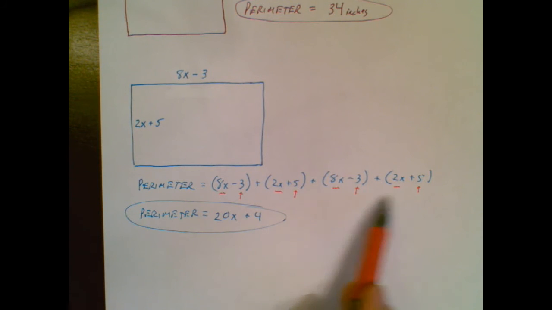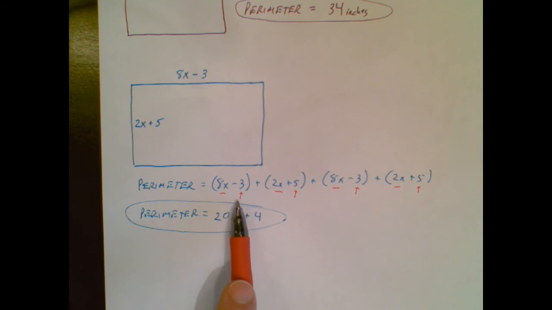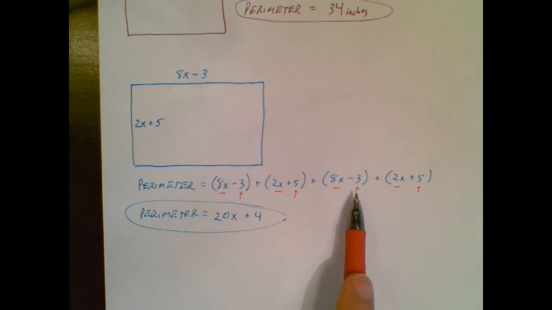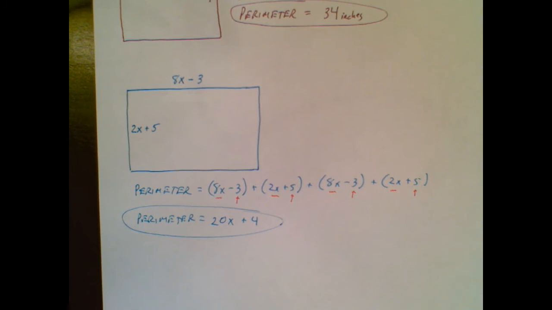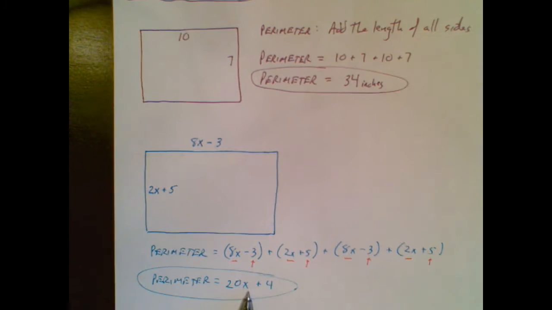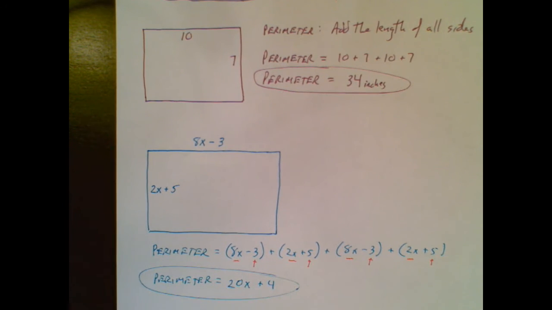Then I put an arrow underneath the like terms that are just integers, and if I do a negative 3 plus a 5 minus a 3 plus a 5, I'll end up with 4. The perimeter, or the distance around that rectangle, is 20x plus 4. You might not like it because you love integers.